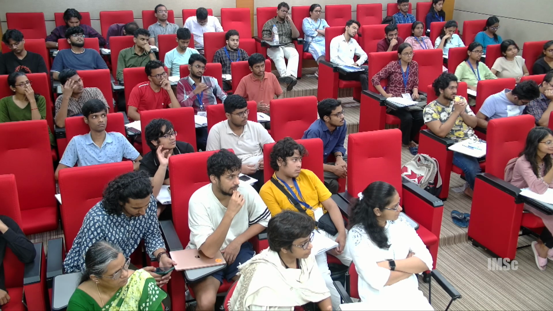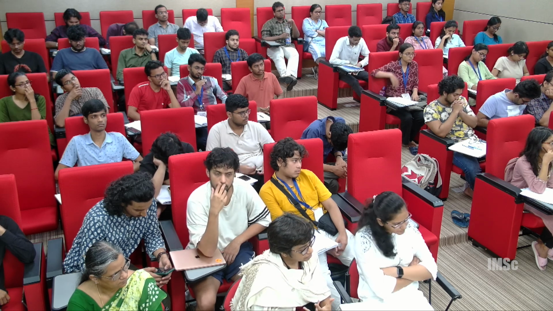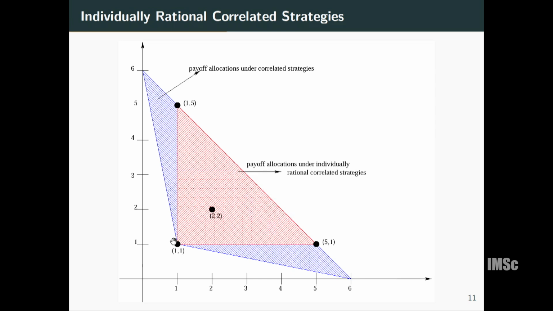No intention to deviate from this strategy, right? So, it's the same thing. A particular correlated strategy is called a correlated strategy equilibria, in a very, very informal way, if for any player in the coalition it is in his best interest not to deviate. As simple as that.